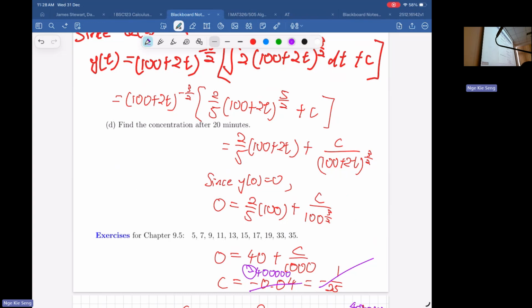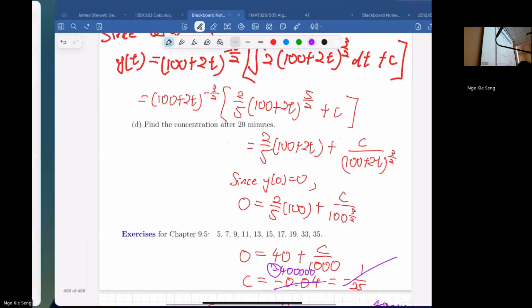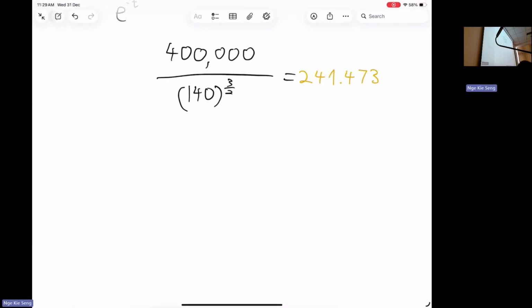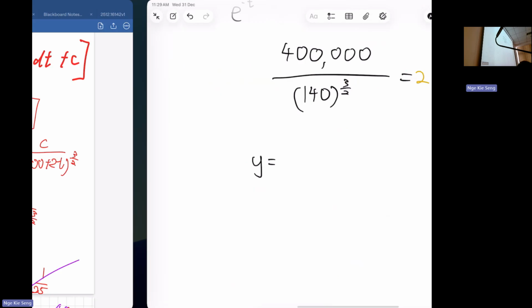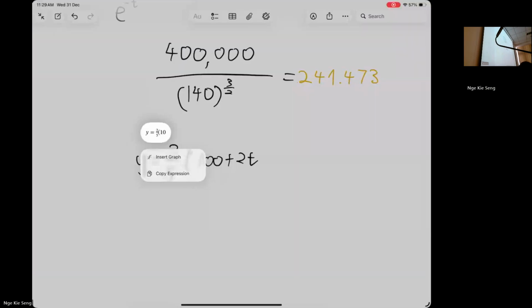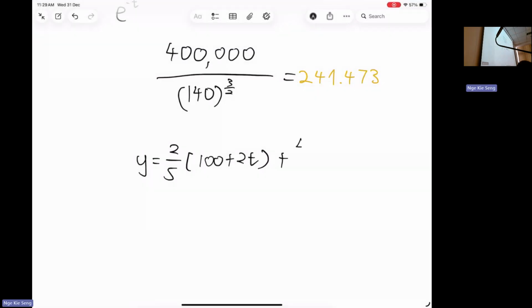What's this graph here? Can I ask Apple to plot this graph for us? y equals 2 over 500 plus 2 cube, let's say thousands.